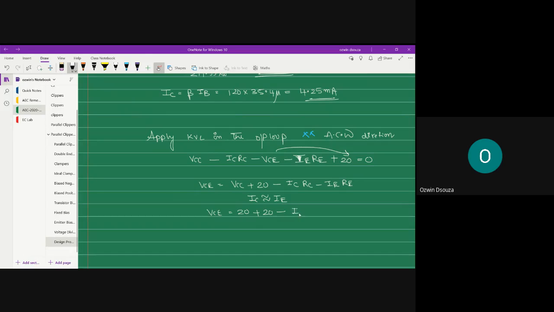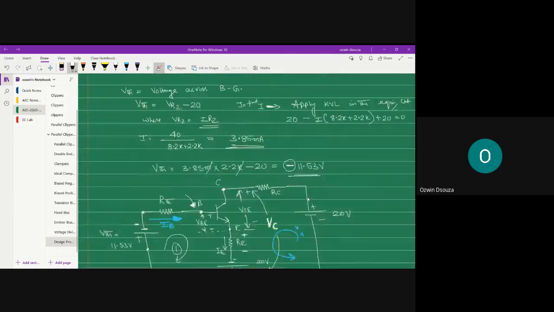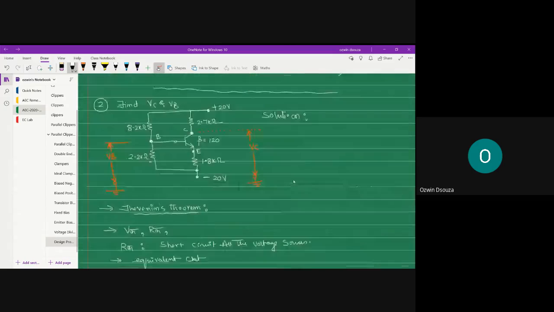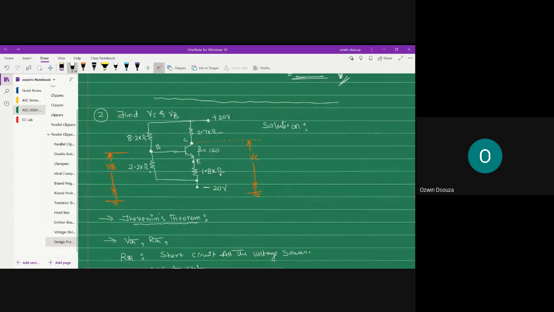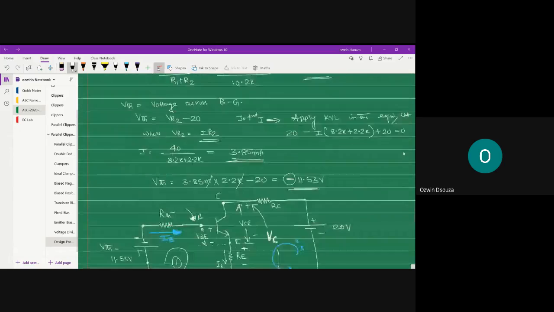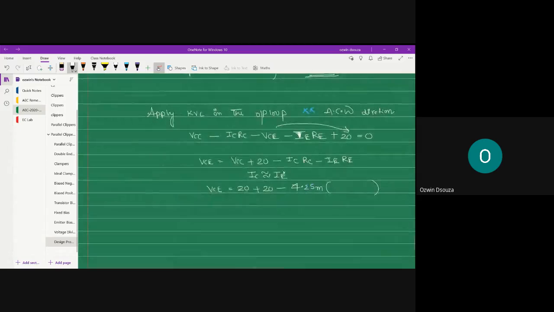Minus IC. Okay, IC is 4.25 milliamperes. So let me write this as 4.25 milli into RC plus RE. So your collector resistor is how much? Collector resistor is 2.7 and emitter resistor is 1.8. Okay, so 2.7 plus 1.8 kilo ohms.